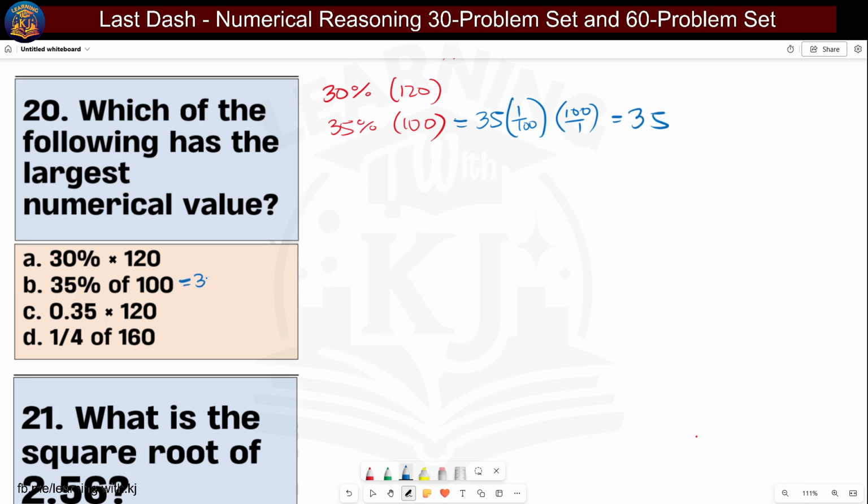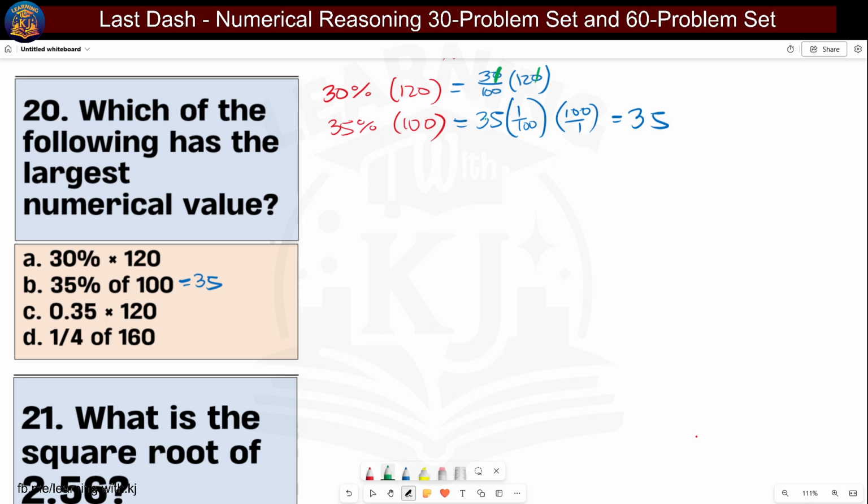Lalagay ko dito. Yan, 35. 30% of 120. So, that is equal to 30 over 100. Diretso ko na lang ha, kasi percent yan eh. Multiply by, again, another 120. We have 1 0 here, 1 0 here. Sa numerator yan sila lahat ha, yung dalawa.